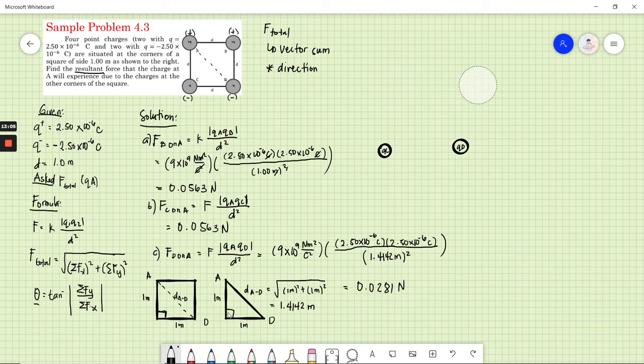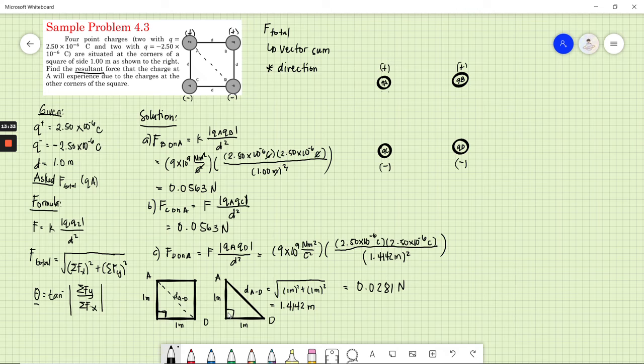So these are the charges. And we know that this has a positive charge, this has a negative charge, this has a negative charge, and this has a positive charge. Okay, so let's begin with QB.